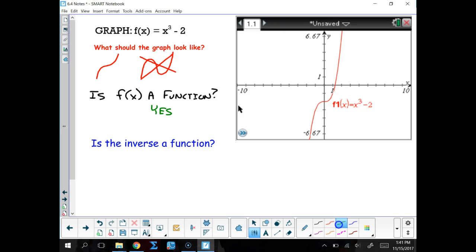Yeah. I didn't zoom in very well, but if you take this area right in there, it looks like that if you zoomed in on it. So it doesn't cross over. So yes, the inverse is a function.